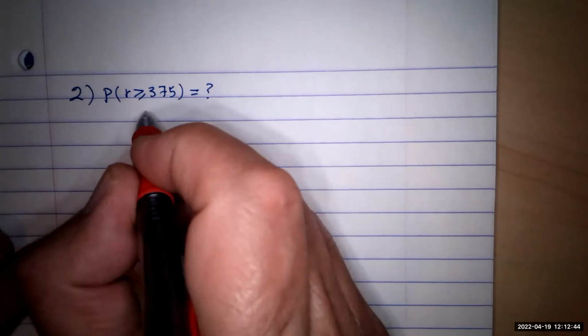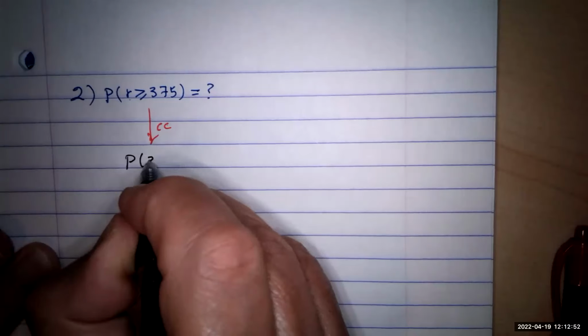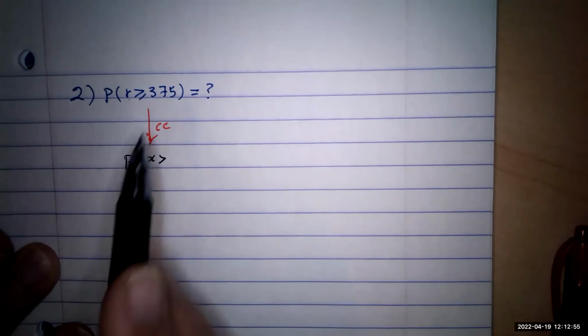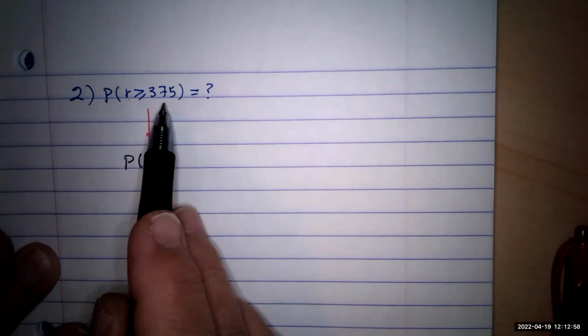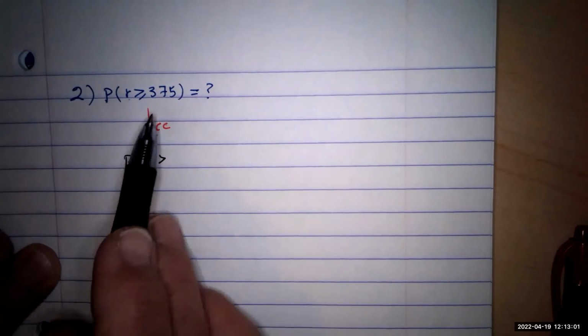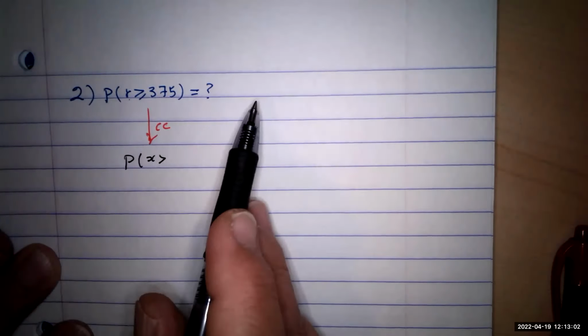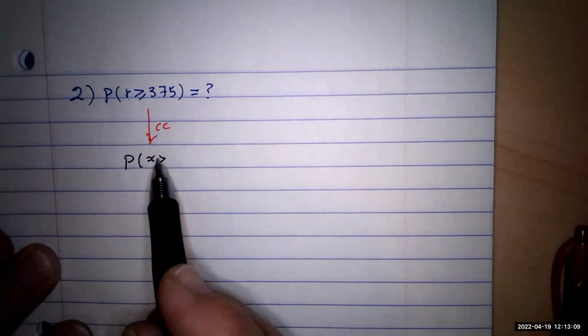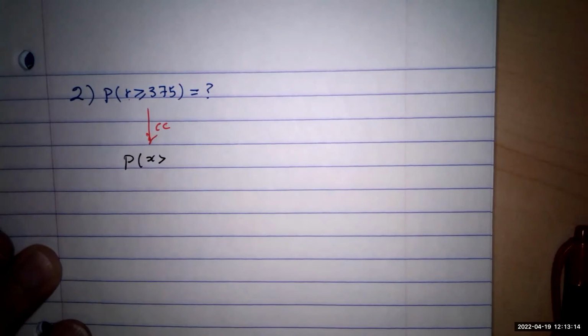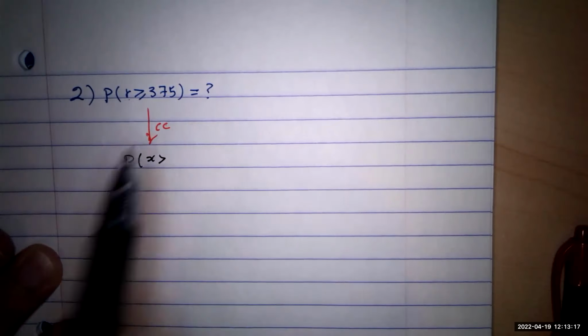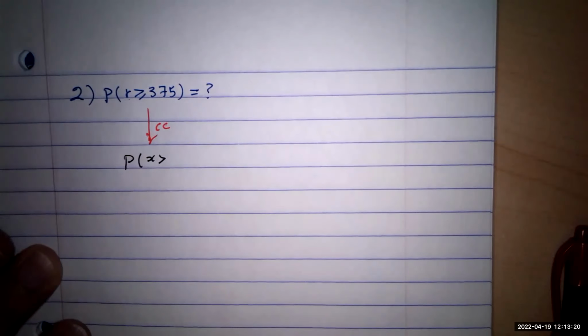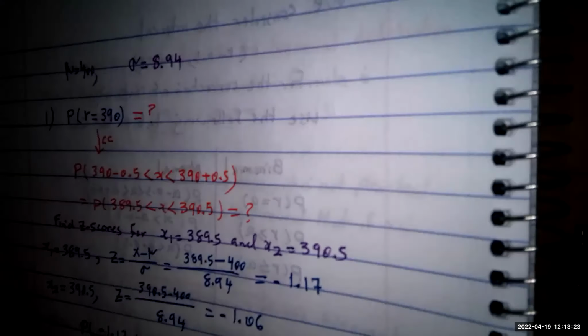You see correction for continuity, CC, it's going to be P of, this is R, you change it to X. X greater than what? You see, this is 375. The choices are what? You add 0.5 or you subtract 0.5. So 375, you want it to be greater than. 375 is not greater than 375 plus 0.5. It is greater than the smaller number, 374.5. And I've already given you the table.